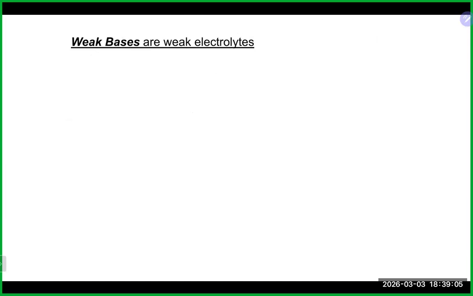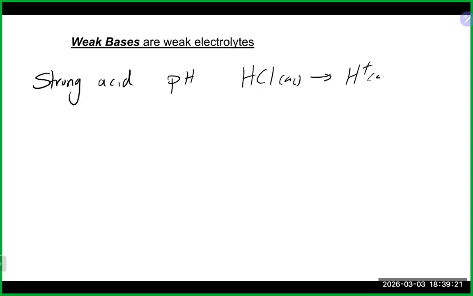So let's say we were given a strong acid and we wanted to know the pH. Something like HCl, which again is a strong acid, will 100% break apart into H plus and Cl minus. And remember that if we wanted to calculate the pH, pH is equal to negative log of the H plus concentration.